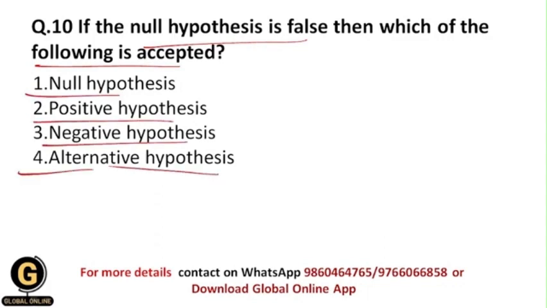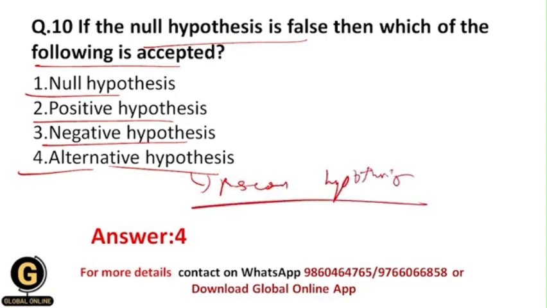Obviously, students, whenever we reject the null hypothesis and it is false, we are going to accept the alternative hypothesis, which is also called the research hypothesis, right? I told you that earlier in this video. That's why your correct answer should be 4, that is alternative hypothesis.